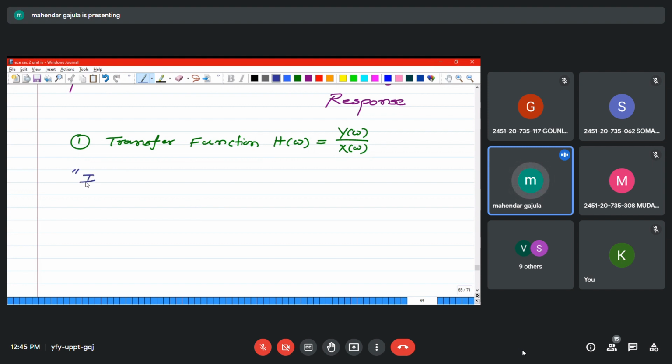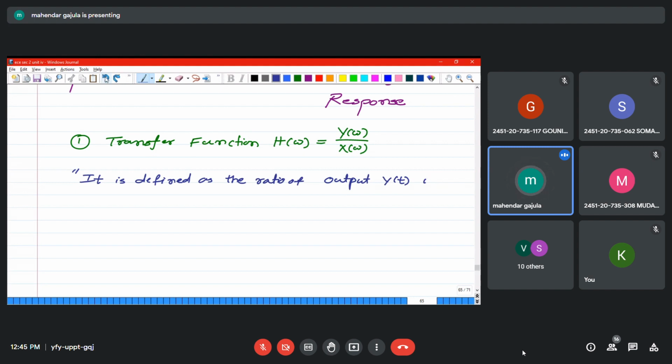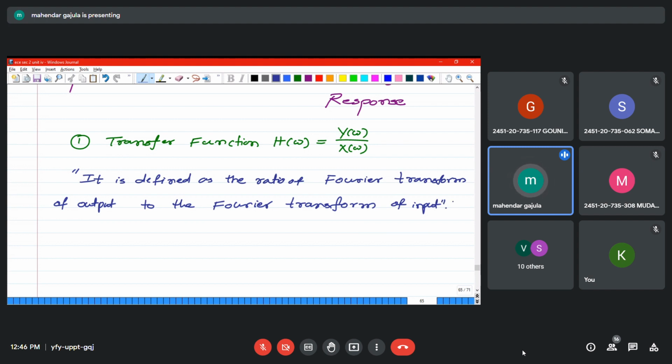So the transfer function is defined as the ratio of output y(t), or Fourier transform of output, to the Fourier transform of input. So this is the definition of transfer function.